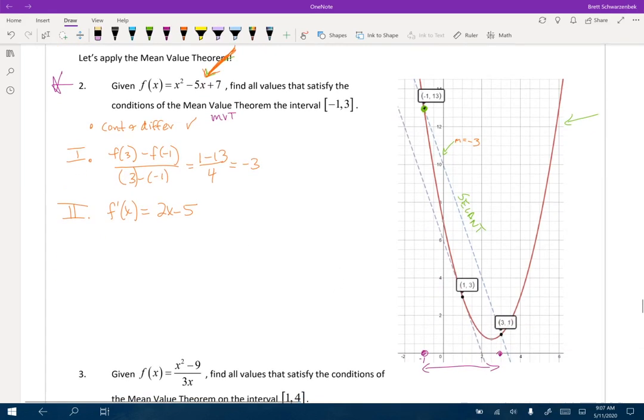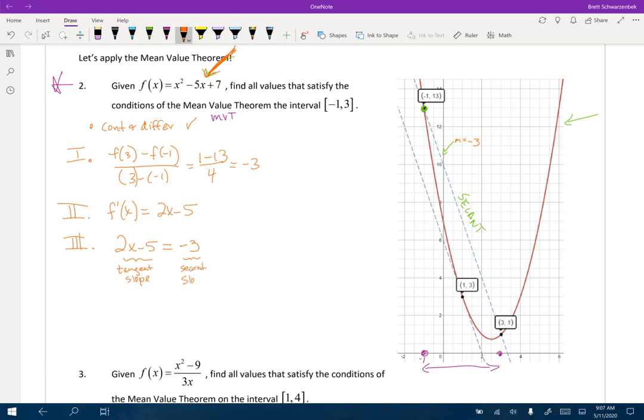So what do we need to do in the third step? We need to find where, you ready? I'm going to write it as I say it. Where the slope of the tangent line is equal to the slope of the secant line. Tangent slope, secant slope.